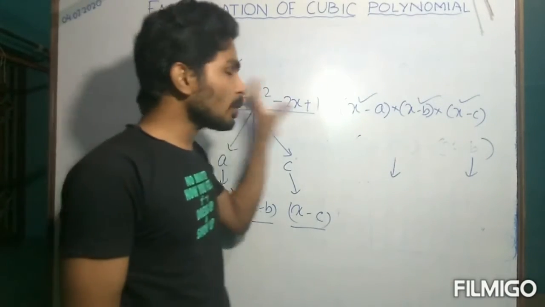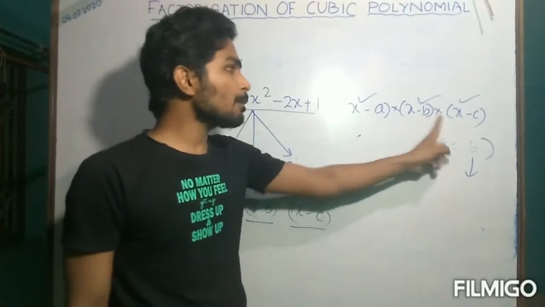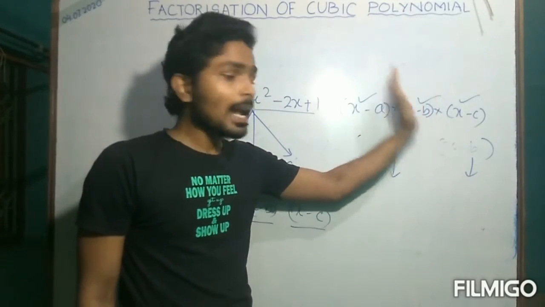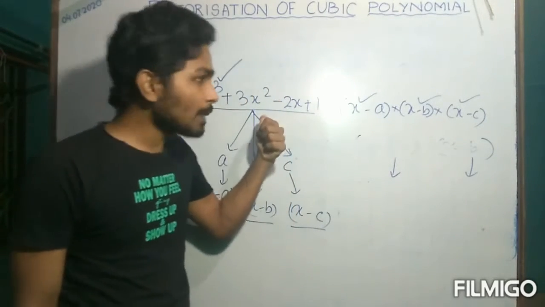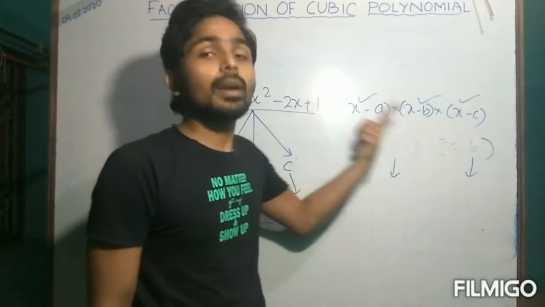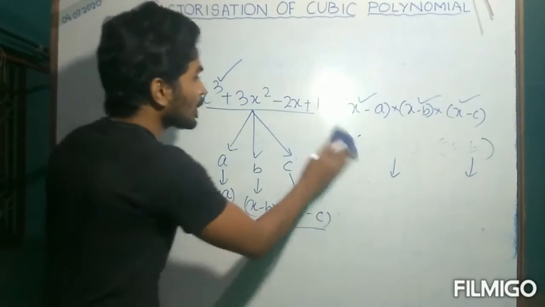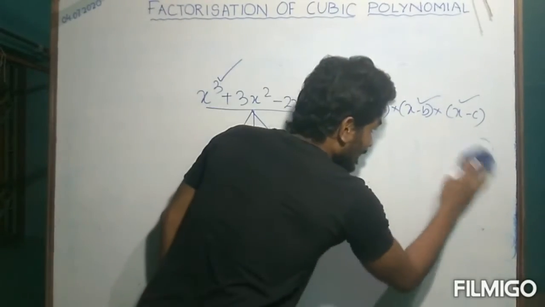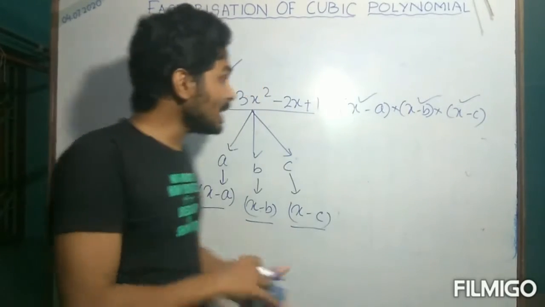So we finally conclude that any cubic polynomial can be expressed as the product of 3 linear polynomials. And now in this class we will discuss how we can factorize such type of cubic polynomial into the product of 3 linear polynomials.